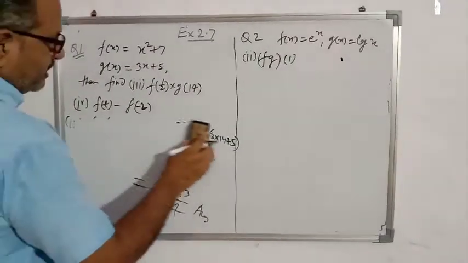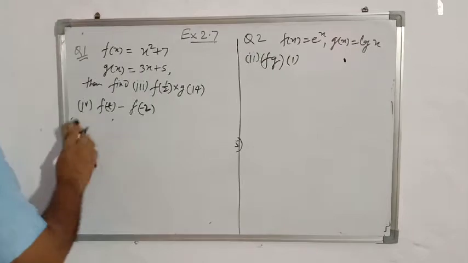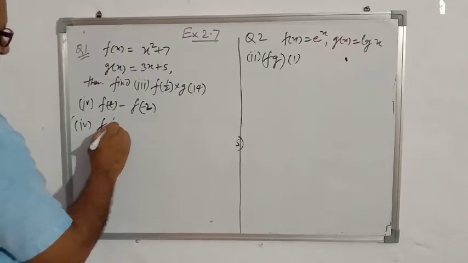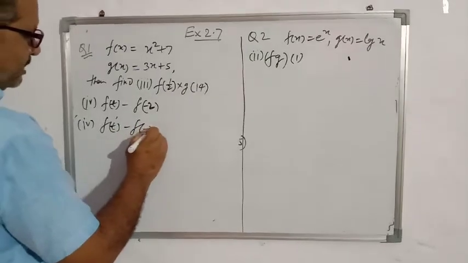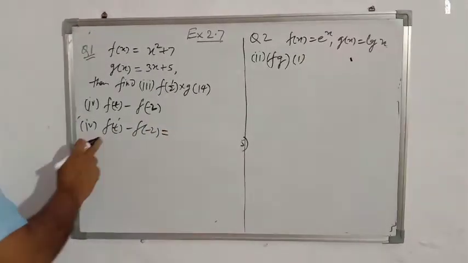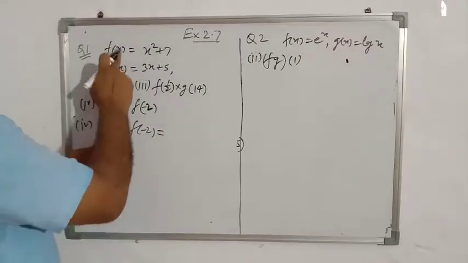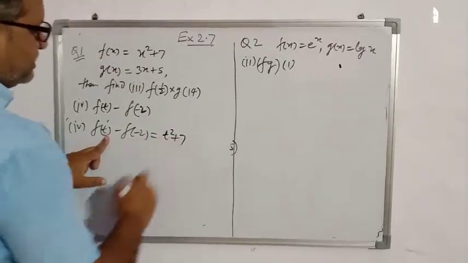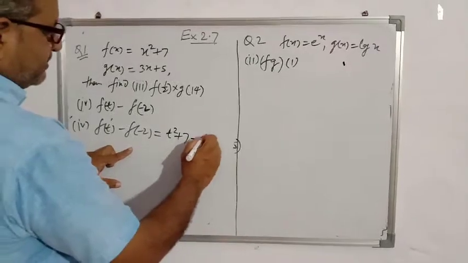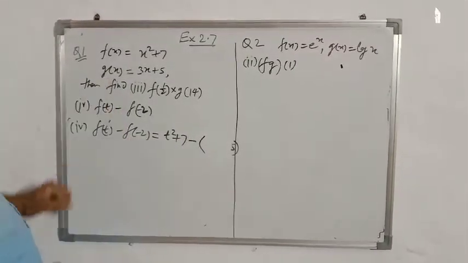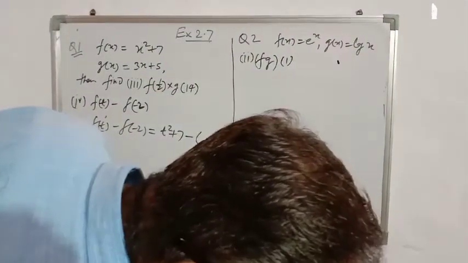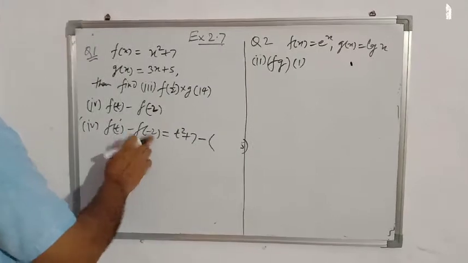Now see the fourth part, f(t) minus f(minus 2). So how will we find f(t)? In place of x, put t here. We will get t square plus 7 minus f(minus 2). And how will we get f(minus 2)?